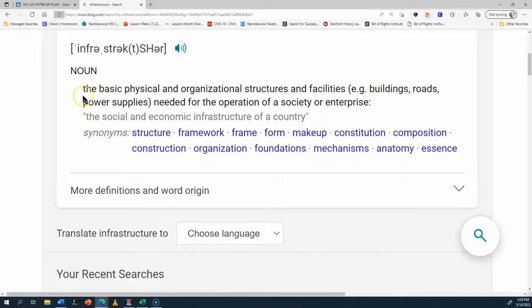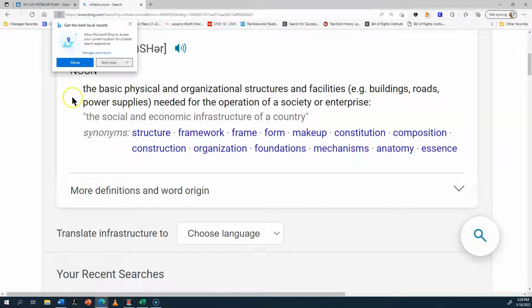Okay, infrastructure, read this with me.